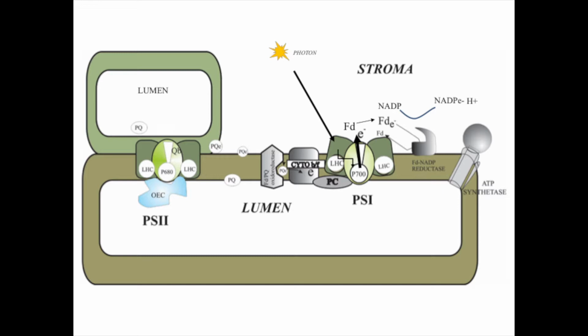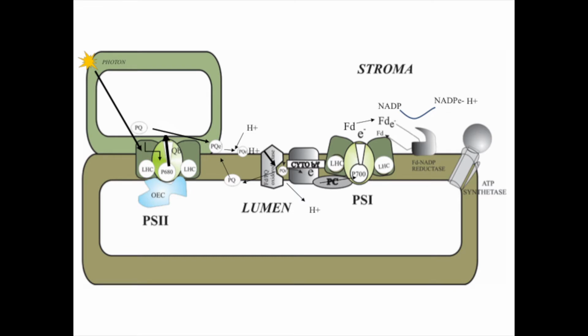Until photosystem 1 reaction center can replace the electron it lost to NADP, it cannot function again. In other words, it can't function in the oxidized state. To replace the electron in photosystem 1, we turn to photosystem 2. A second photon of light comes into the complex and activates it in a manner similar to photosystem 1.